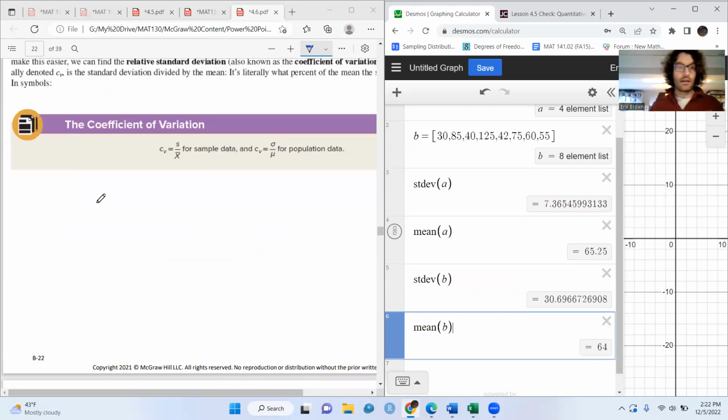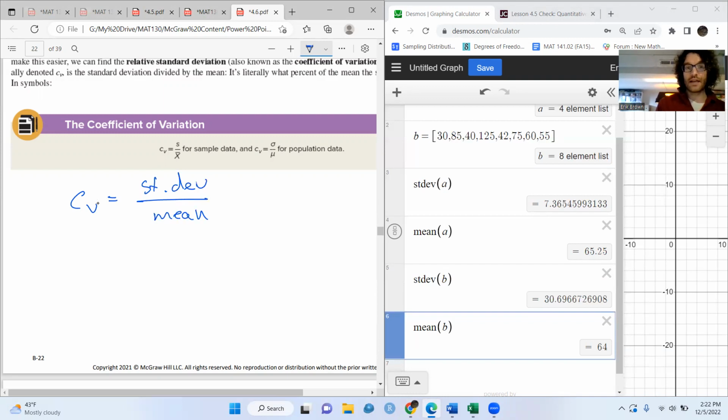It's very similar in name to what we did in Unit 2, the correlation coefficient, which was R. Remember, that value told us whether the linear or exponential model was the most appropriate model for the data set. Don't confuse that here. Coefficient of variation is the standard deviation divided by the mean.